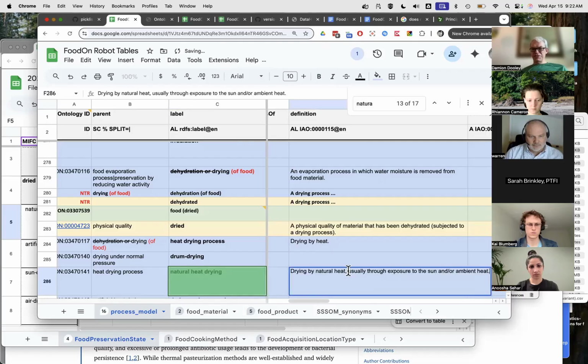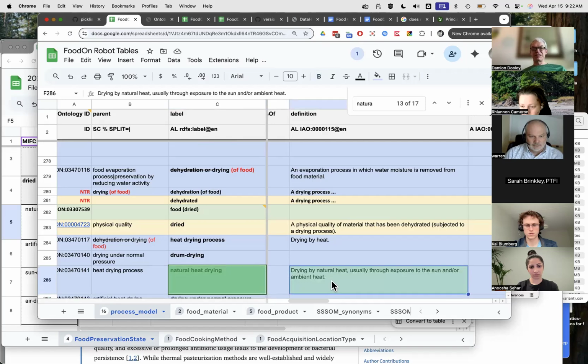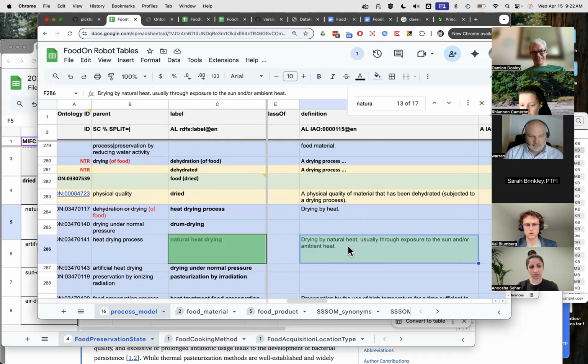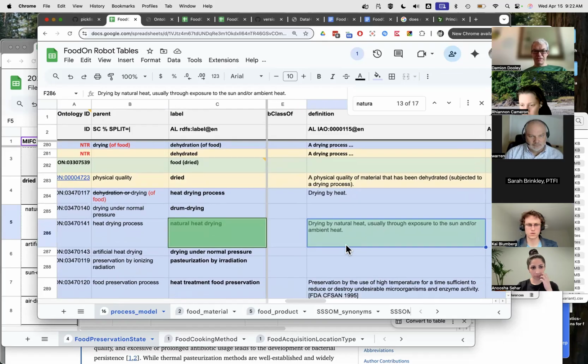Do I get away with using the word usually? In looking at and defining things like natural heat drying, we have to incorporate the underlying definitions.